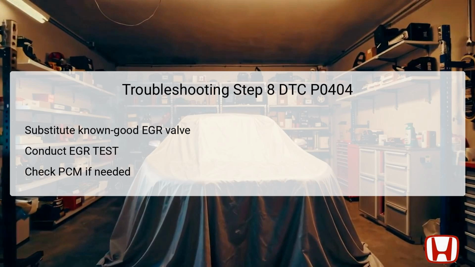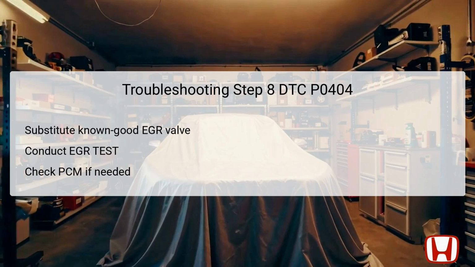Reconnect the EGR valve 5P connector and turn the vehicle to the on mode again, ensuring all systems are operational. Reset the PCM through the HDS to clear any previous errors before carrying out the PCM idle learn procedure. Following this, conduct the EGR test using the HDS to determine if the EGR valve is functioning optimally.